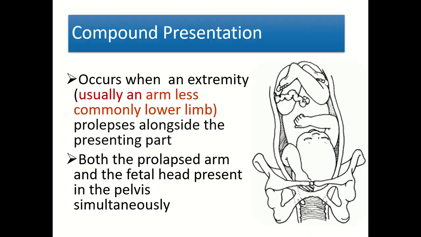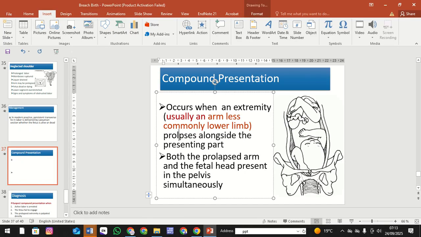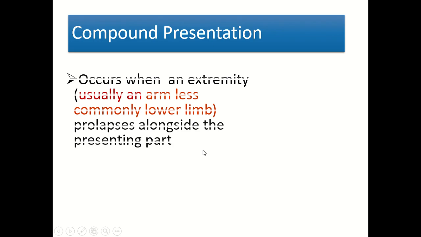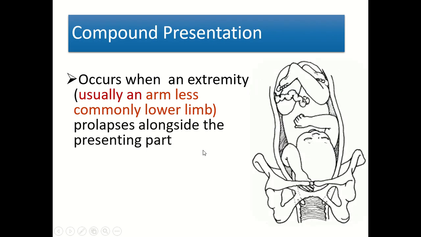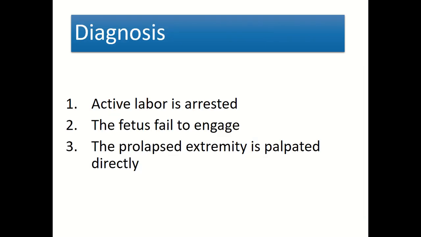Prolapses along the presenting part. So both the prolapsed extremity, the arm or the leg, and the fetal head or the fetal presenting part are present in the pelvis at the same time.